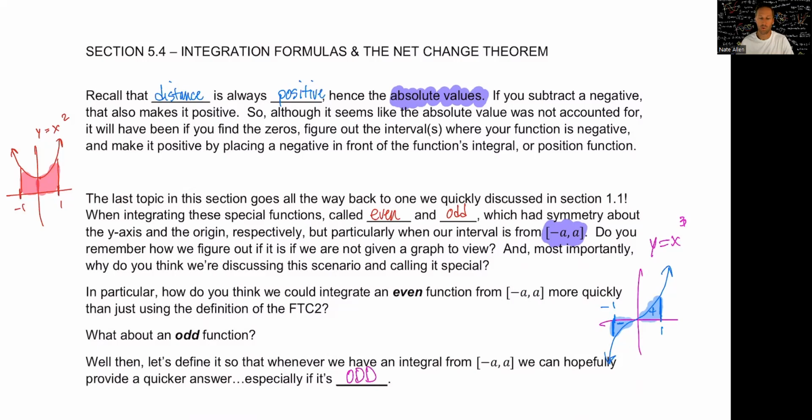So these are two special circumstances that we will really look to see if there is an odd or even function, only when our interval is the same value on both the positive and negative sides. Let's define these.